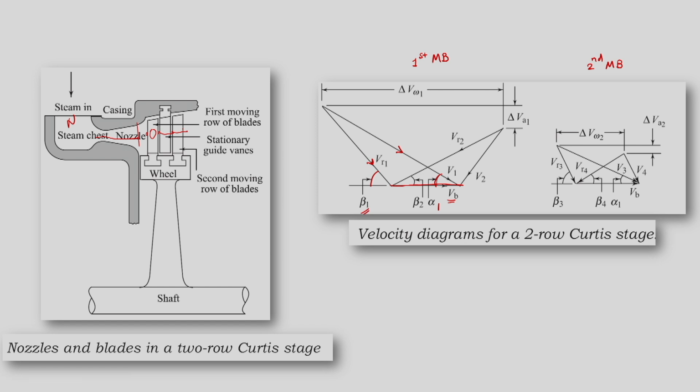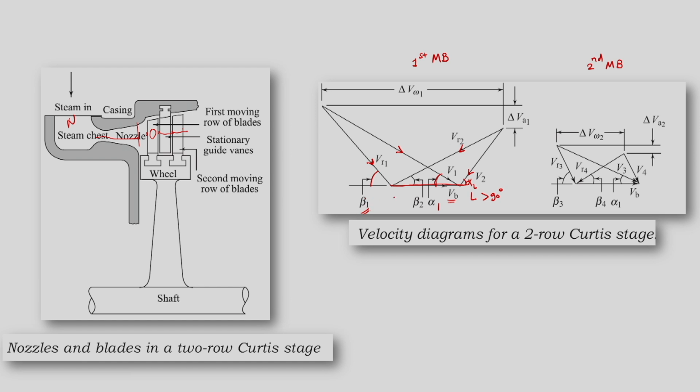While going out from the first set of moving blades, the blade will have absolute velocity V2 and relative velocity Vr2. Here we are drawing this diagram for the case where alpha 2, or delta, is greater than 90 degrees.